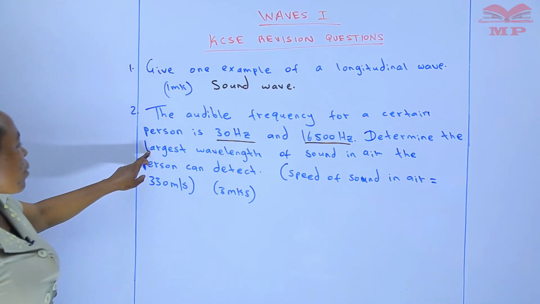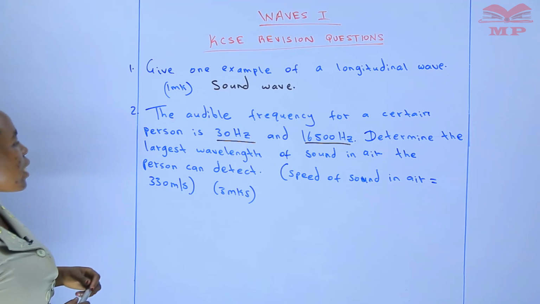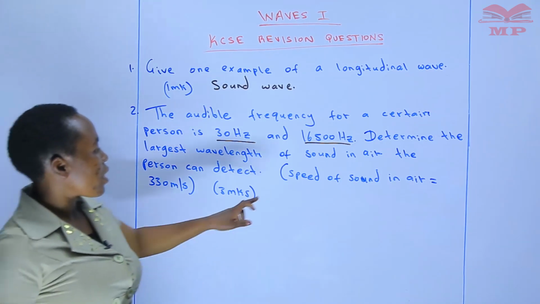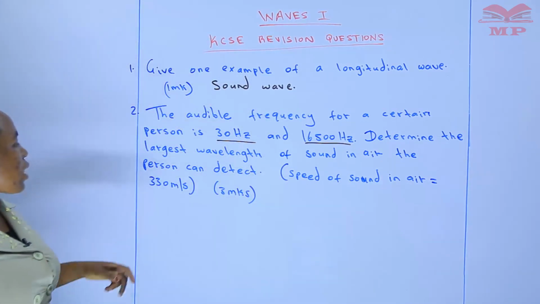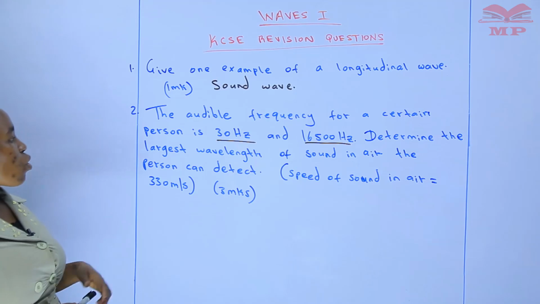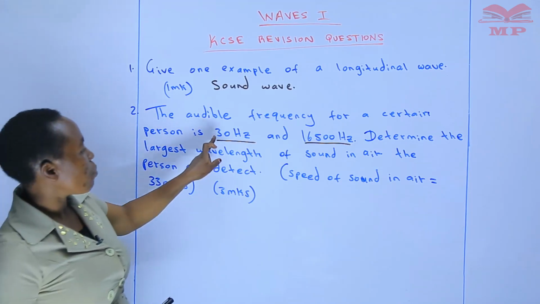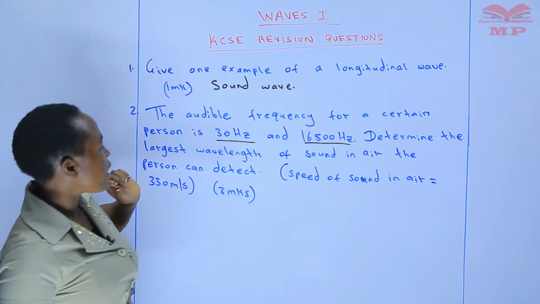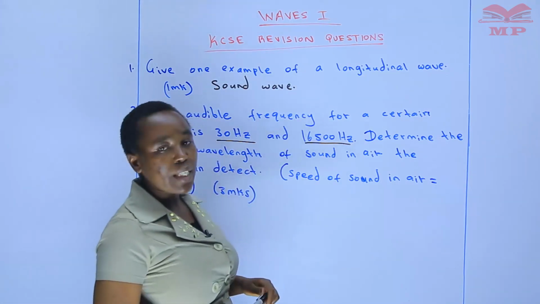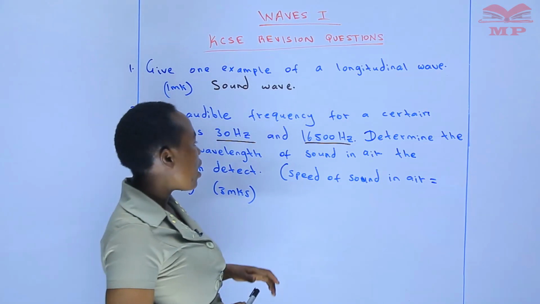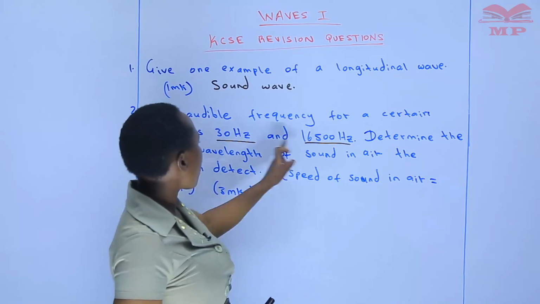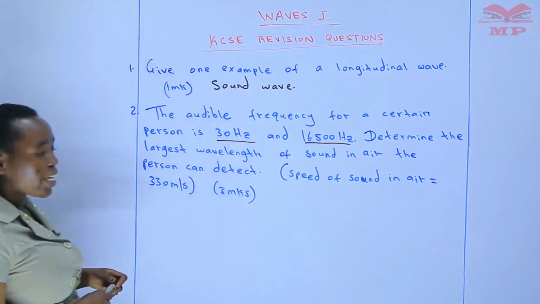We are told to determine the largest wavelength of sound in air the person can detect, and we have been given the speed of sound in air to be 330 meters per second. We can first calculate the wavelength when the frequency is 30 and when it is 16,500, and then pick the largest.